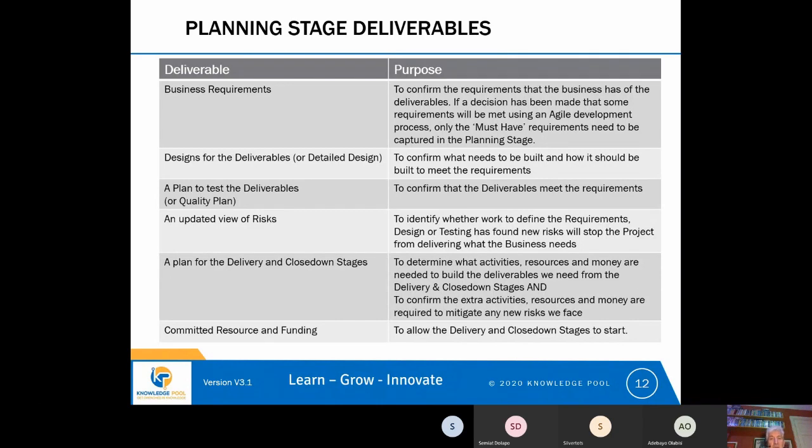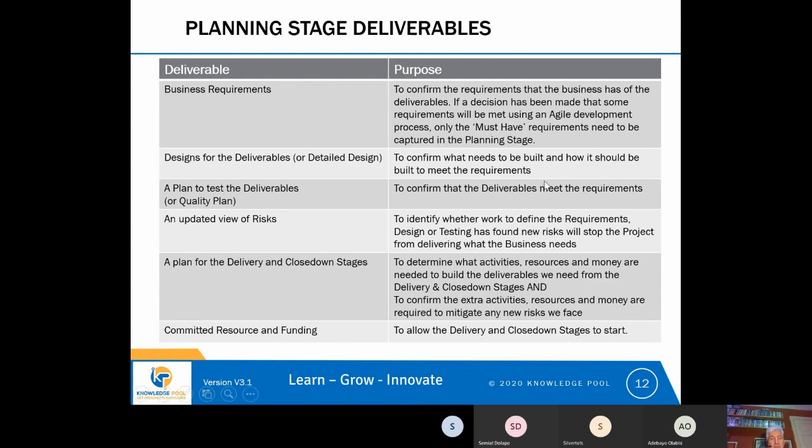If we're using Agile, then this process of gathering business requirements can be truncated in that we can gather only the most essential must-have requirements during the planning stage, confident in the knowledge that the more detailed requirements can be gathered during the delivery phase.